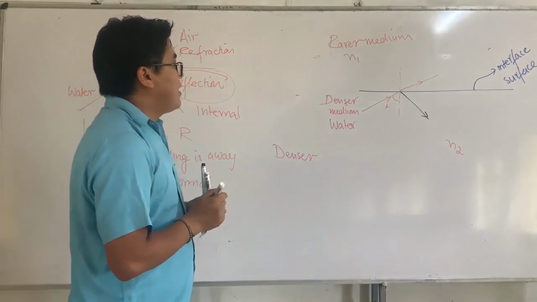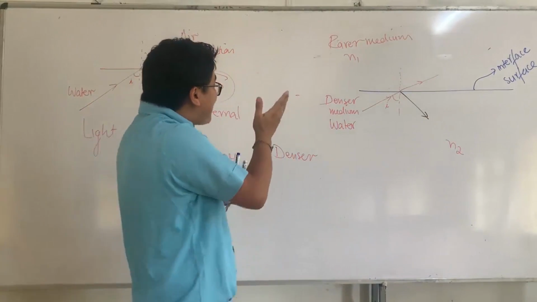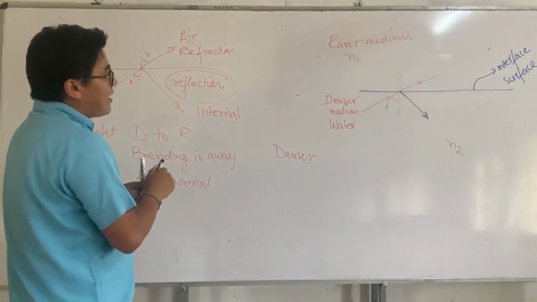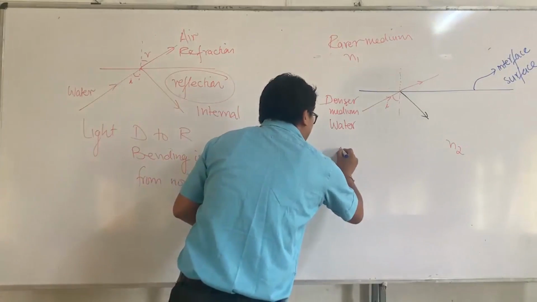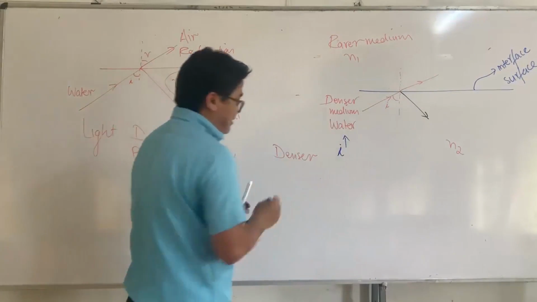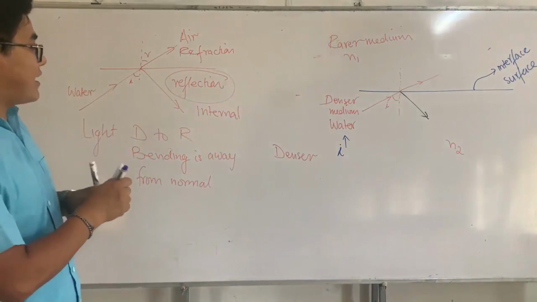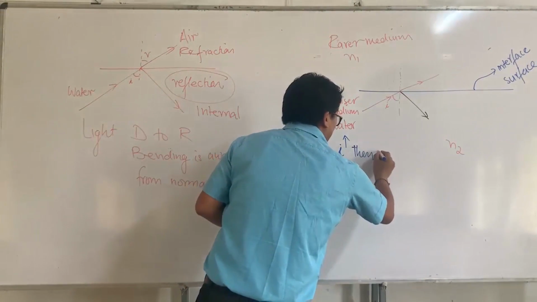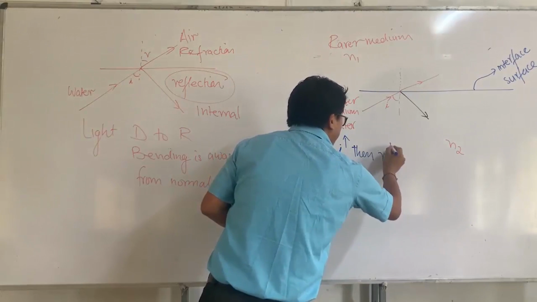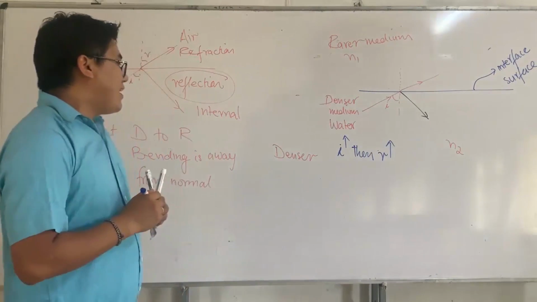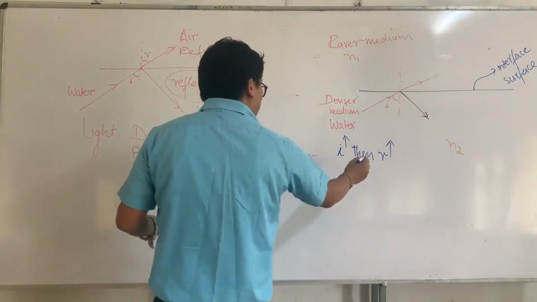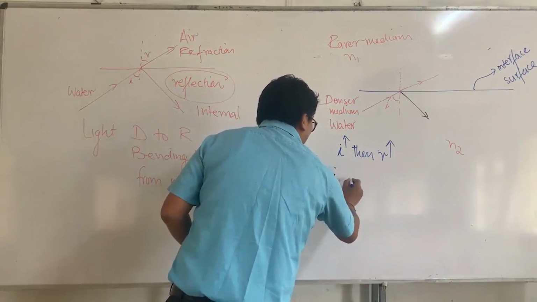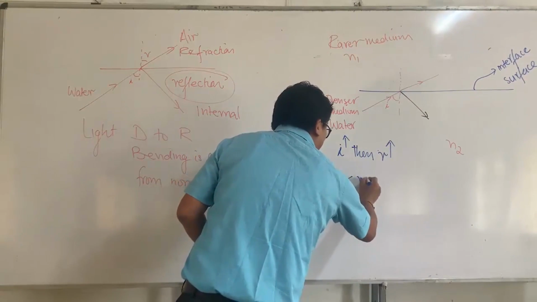All right. Now again, if I go on increasing the angle of incidence I, look here, right? R is going to increase. And we see that every time I is less than R. Why?